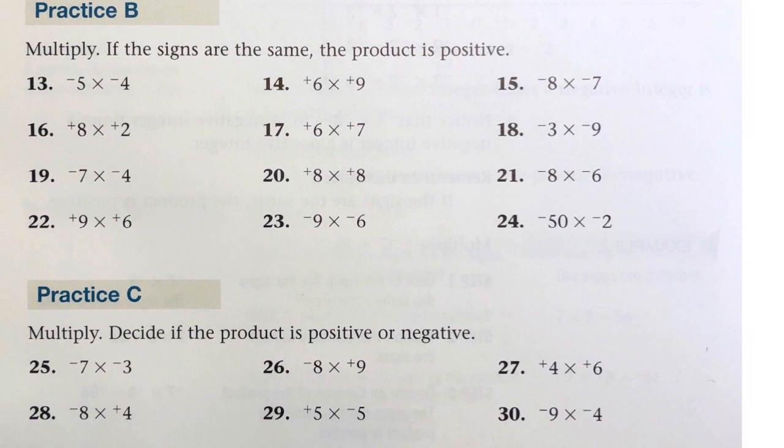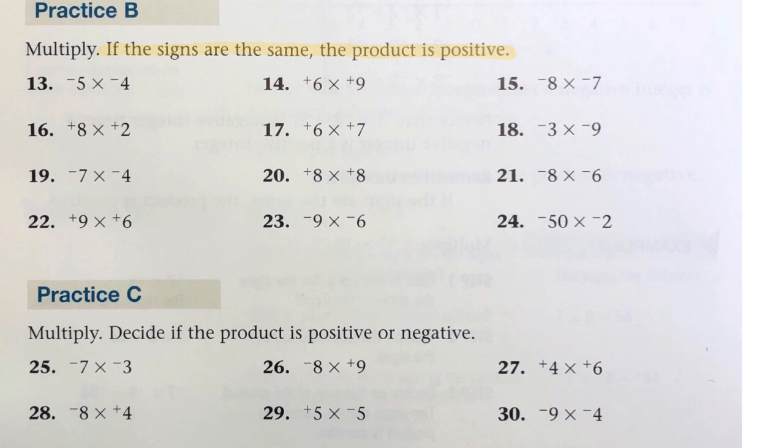Practice B has us multiplying, and if the signs are the same, the product will be positive. So that's the other rule we learned in this chapter. If the signs are the same, the product is positive.